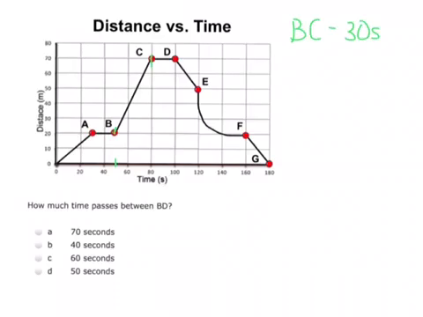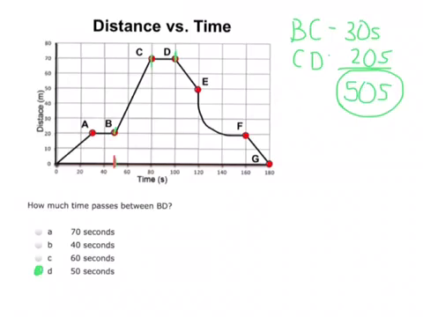Now we need to know C to D. Well, C was 80, D was 100, so that's another 20. And if you add that up, you get 50 total seconds. Another way you could have looked at this is you could have just gone from B, which was 50, found D, which was 100, and just subtracted. Same idea.